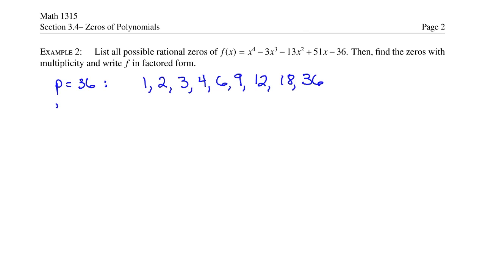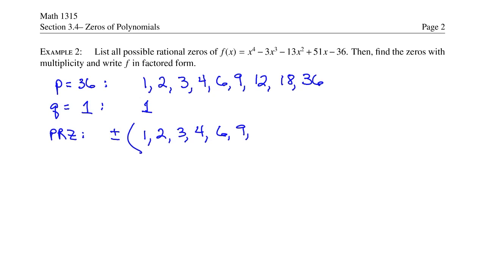The q is the lead coefficient, but since it's just x to the fourth in front there, that's a 1. So the only number that we get from q is 1. And that means the PRZ is equal to plus or minus, and then we just get the list from p again. So 1, 2, 3, 4, 6, 9, 12, 18, and 36. And of course that's because the only number that we could divide by is 1.